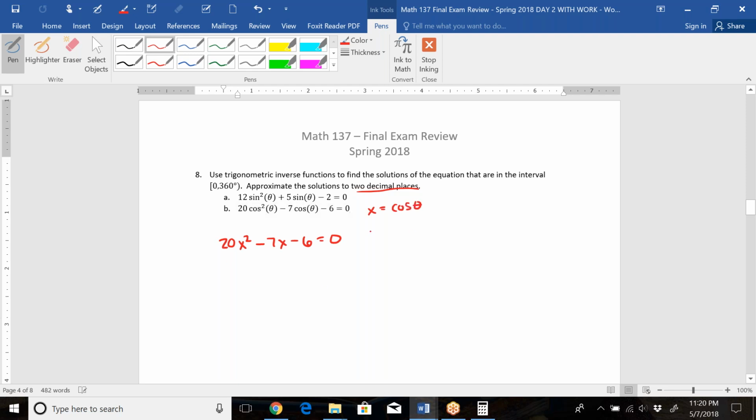So then we would multiply, using the AC method, and get negative 120. We want factors of negative 120 that are going to make negative 7.